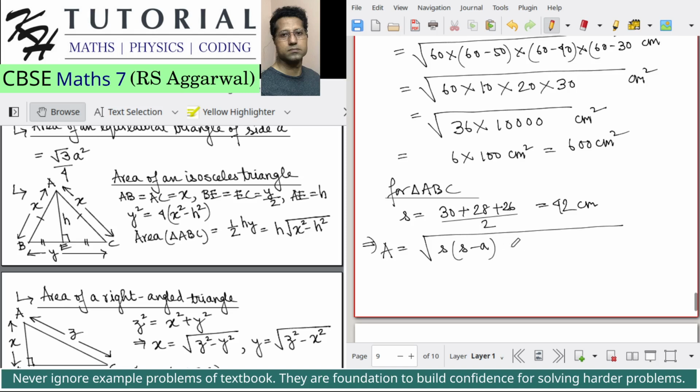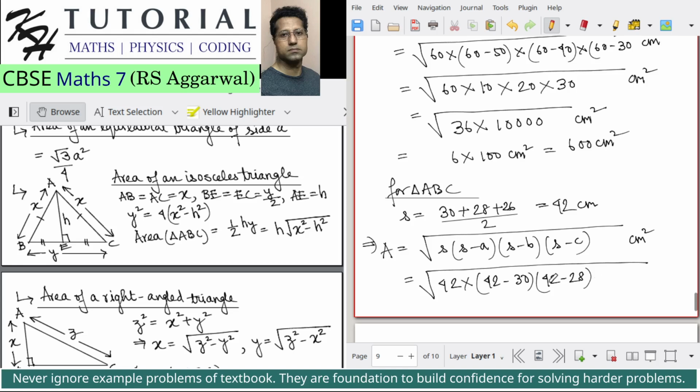So this implies area will be equal to square root of, using Heron's formula, S multiplied by S minus A multiplied by S minus B multiplied by S minus C, this much centimeter square. Okay, S is 42, so 42 multiplied by 42 minus 30, 42 minus 28 and 42 minus 26, this much centimeter square.